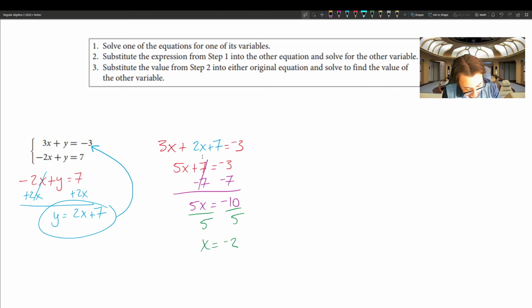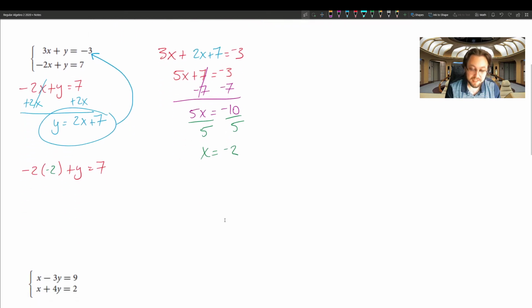So all I'm going to do is my bottom one, negative 2x, and I'm going to replace the x with what we know, negative 2, and then plus y equals 7. Negative 2 times negative 2 is positive 4, so 4 plus y equals 7.